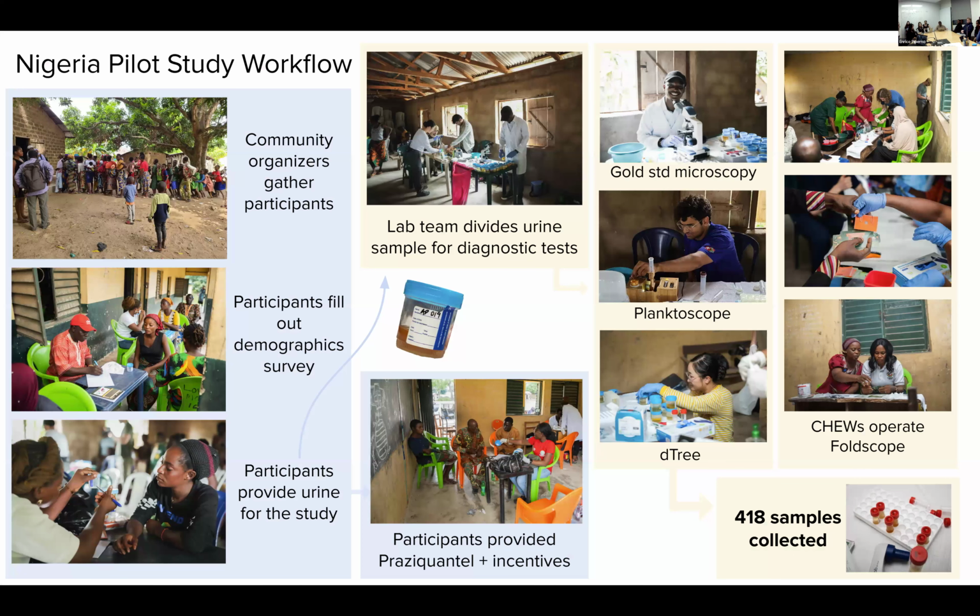You don't have to look at every single part of this slide, but this is an overview of our workflow, and it shows that even in that empty schoolhouse, we're still able to set up and take down every single day, drive over 2 hours to get there, and test 4 different diagnostics for schistosomiasis, and collect, process, and diagnose 418 patients.